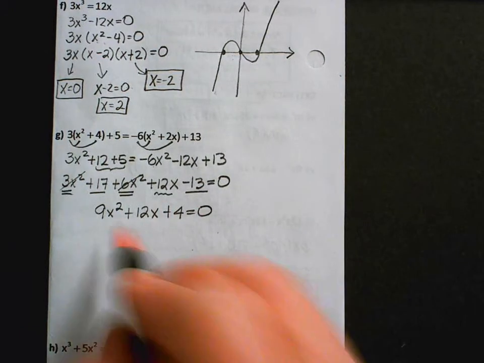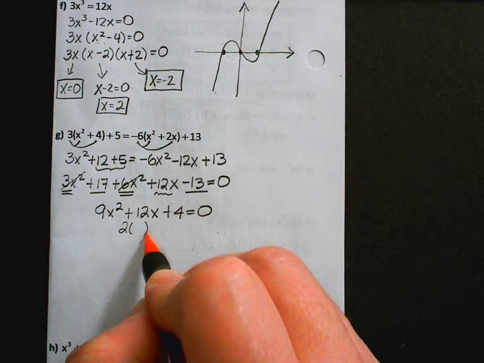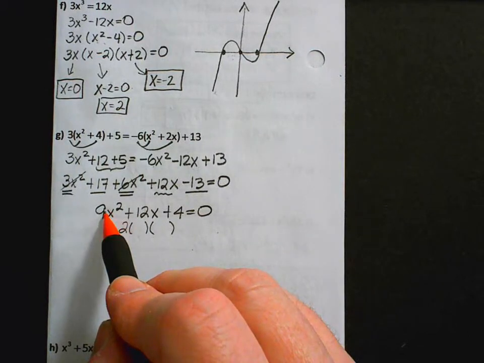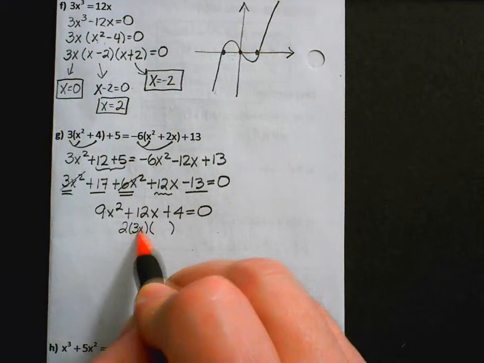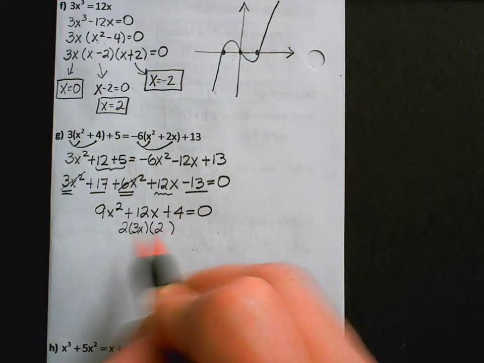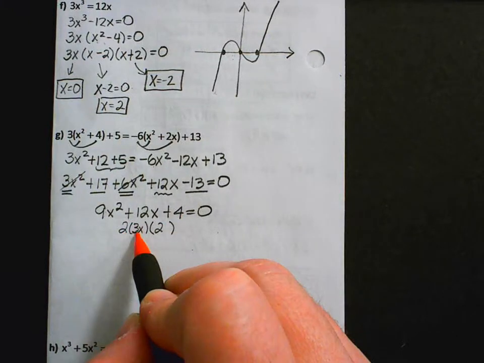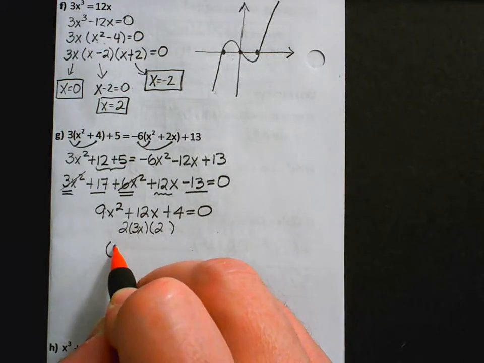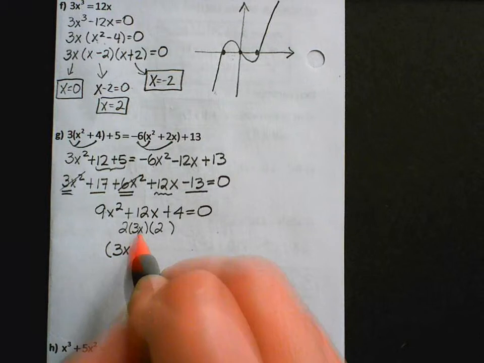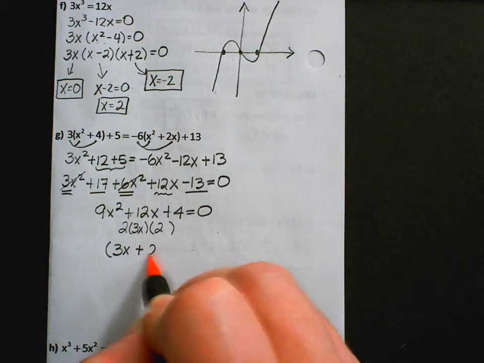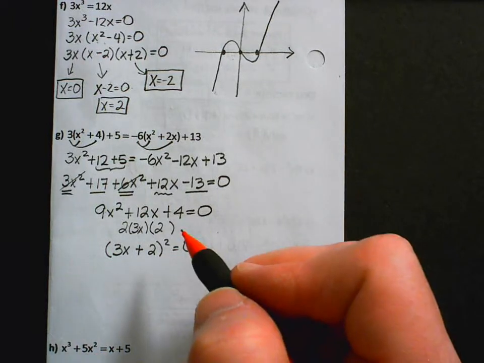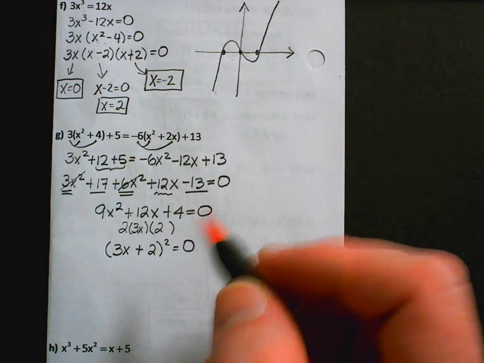So there's a hint here that maybe I can use those special formulas. So let's see. The square root of 9x squared is 3x. Square root of 4 is 2. And 2 times 3 is 6. Times 2 is 12. So yes, I can use that special formula, which will be the first term. Because it's a plus, I put a plus 2 to the second power. Okay.